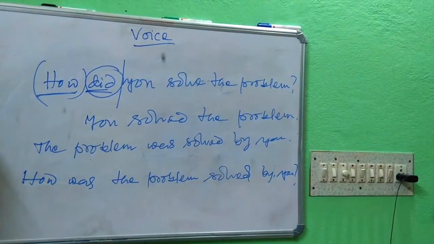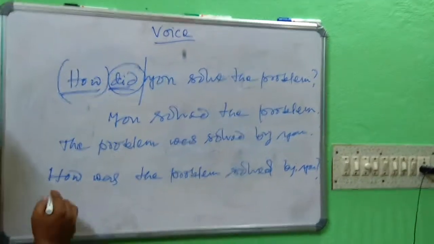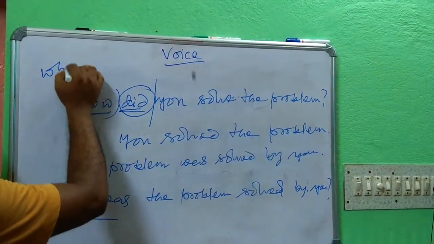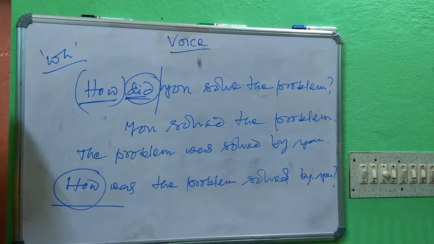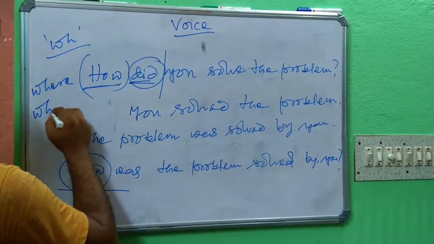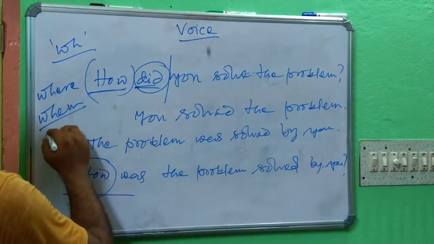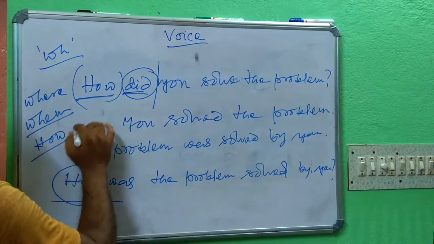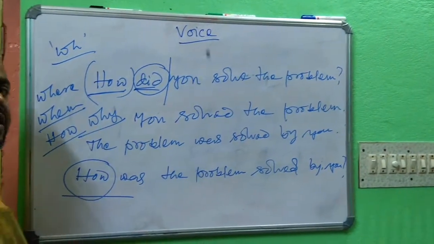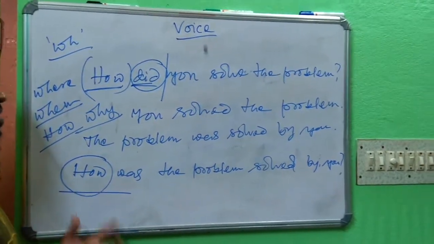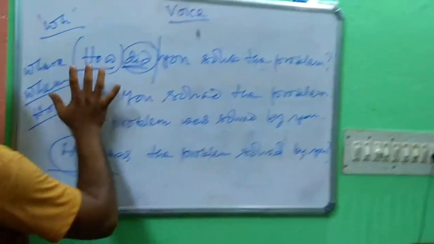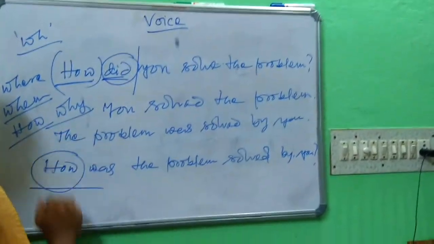How was the problem solved by you? Such WH words are there that are not used in passive voice, like where, when, how, why. So, these WH words would remain unchanged from active to passive.